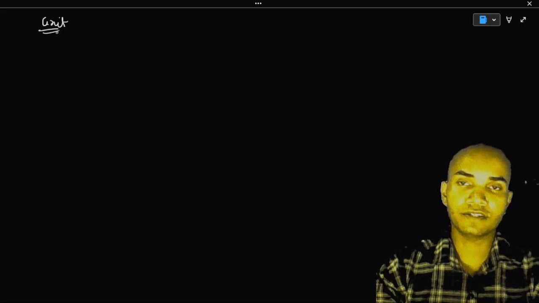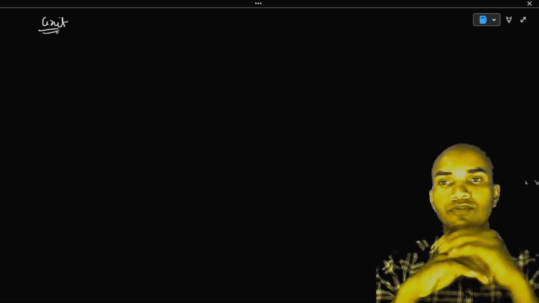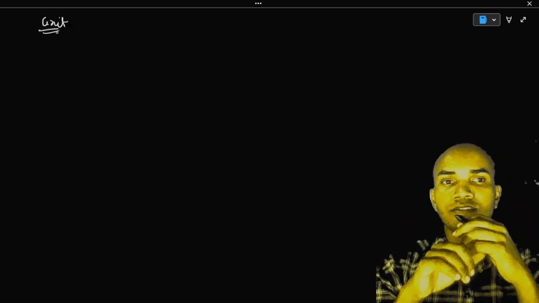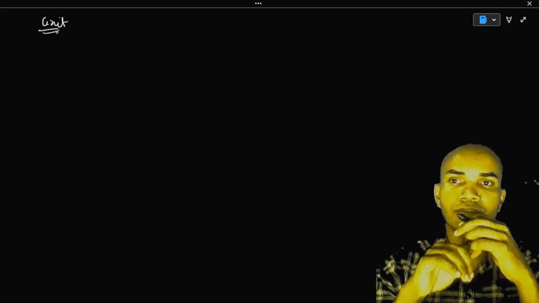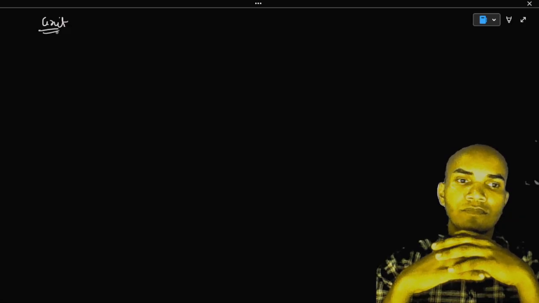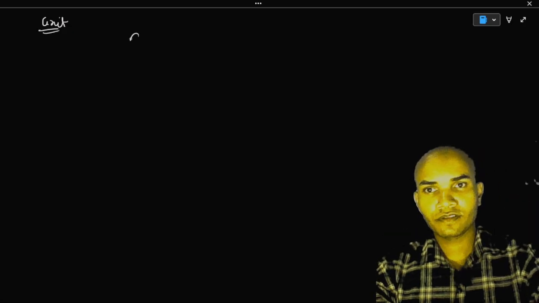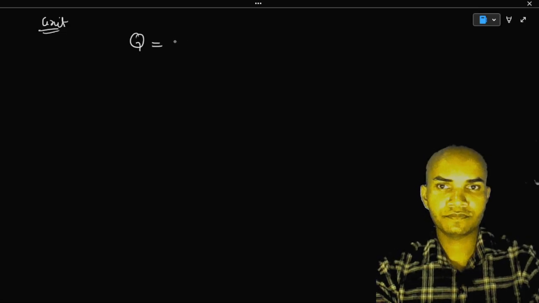So, when we define unit, as I told you yesterday, it is a quantity which measures all kinds of physical phenomena. So Q is equal to n u.